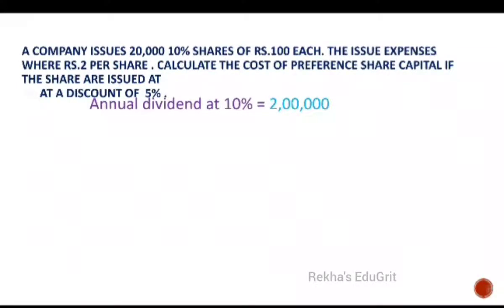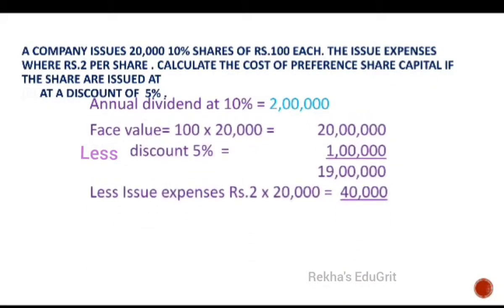Next we have to calculate the net proceeds, that is face value is 20 lakh, discount will be 20 lakh into 5%, we get 1 lakh, then we have to less it, then we'll get 19 lakh. Then from this we have to less the issue expenses 40,000 and finally we get 18 lakh 60,000.